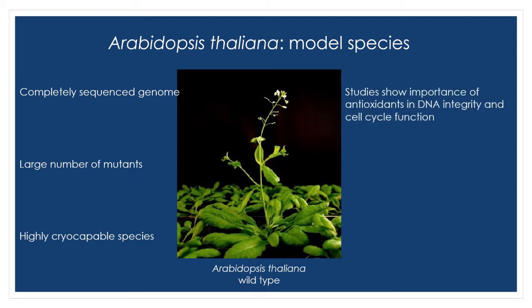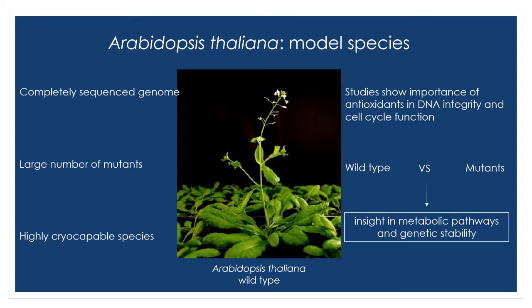Many studies have shown the importance of the antioxidants in the DNA integrity and the cell cycle function. What I'm going to do in my project is compare the wild type and mutant plants in order to get insight into the metabolic pathways and the genetic stability of mutant plants.